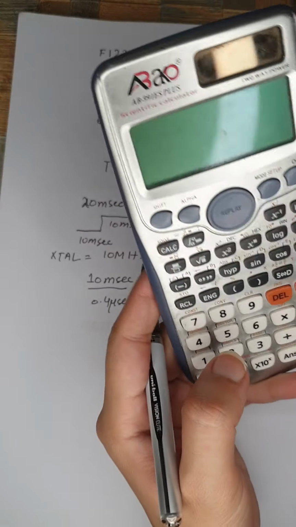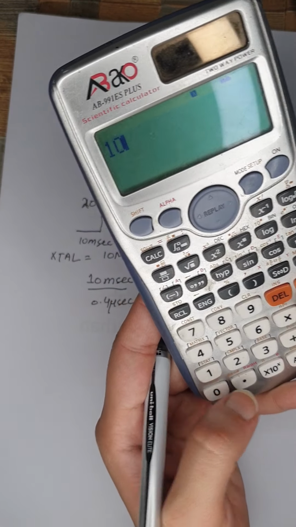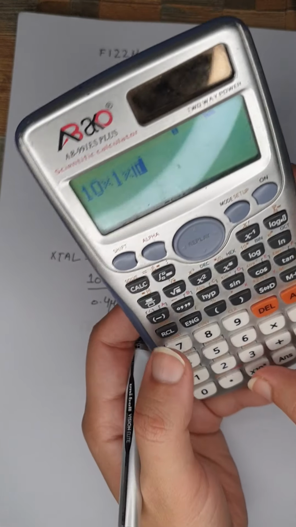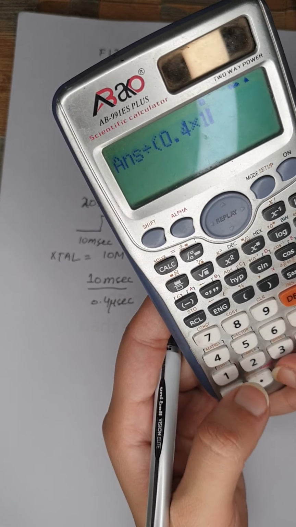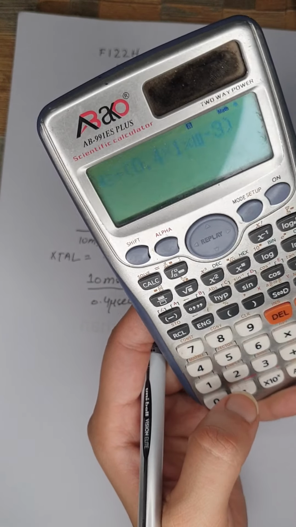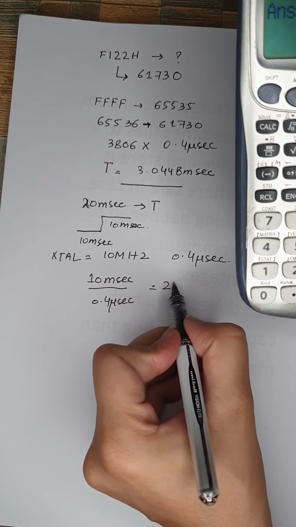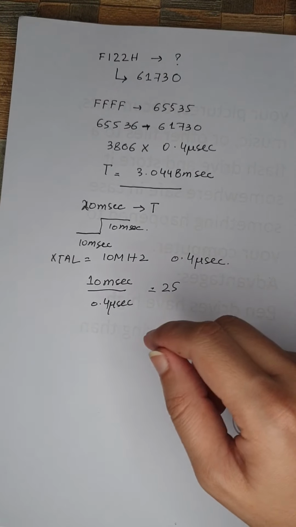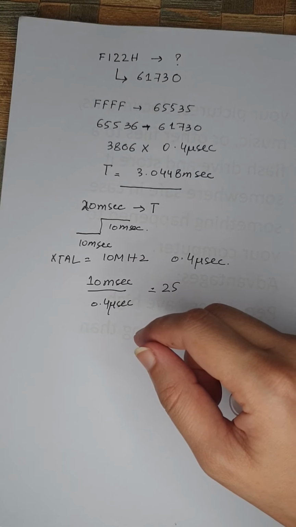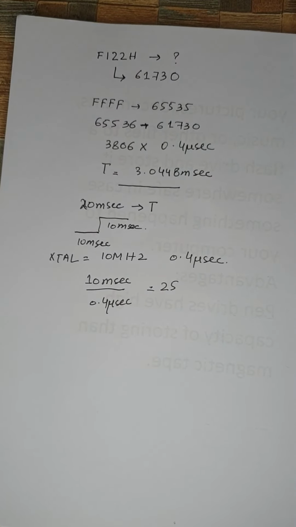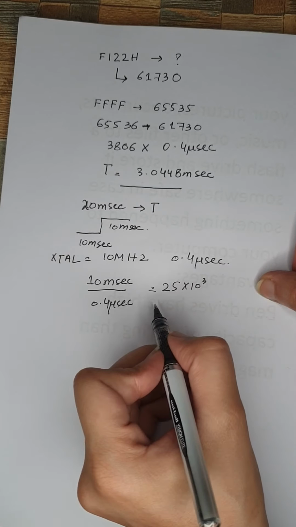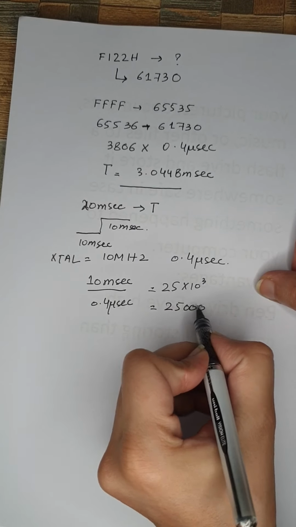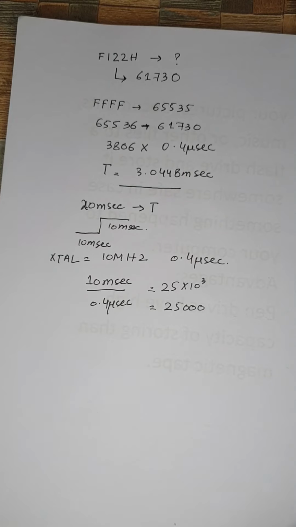So let's divide 10 into 10 raised to power minus 3, 10 millisecond divided by 0.4 into 10 raised to power minus 6, you will get the value 25. 25 into 10 raised to power 3, because it was microsecond, so that is equal to 25,000 clocks.